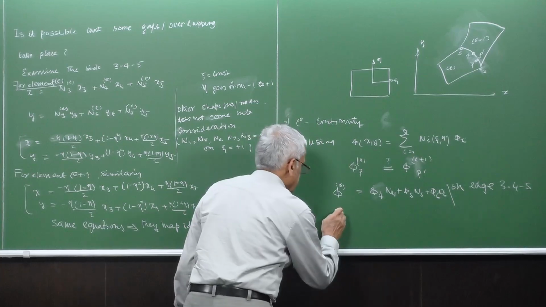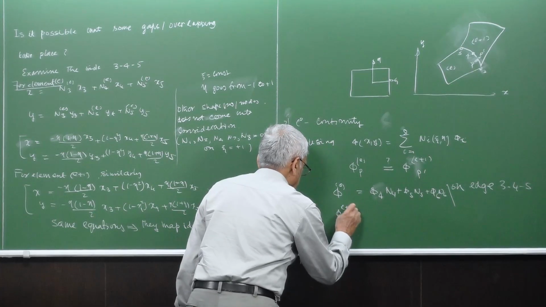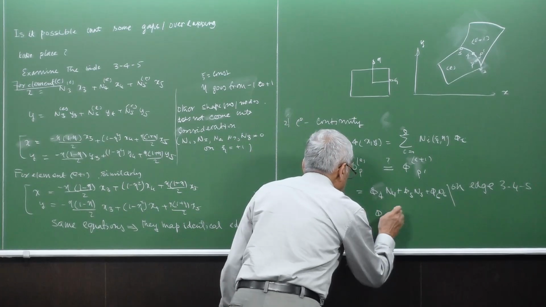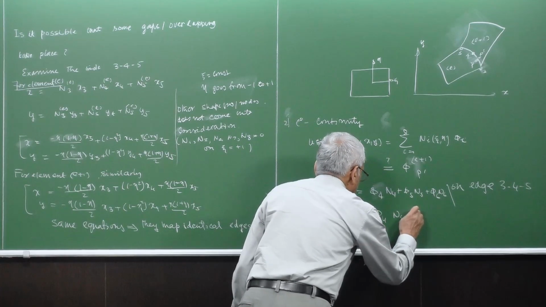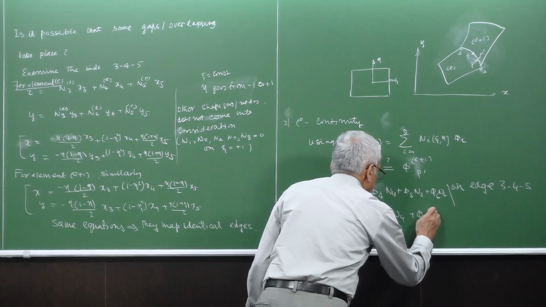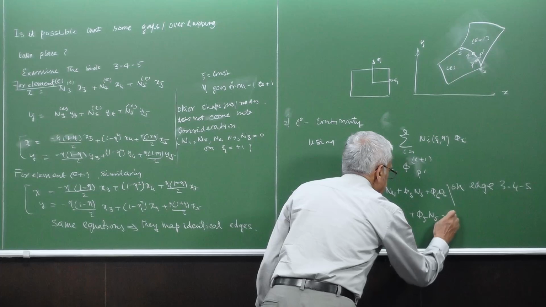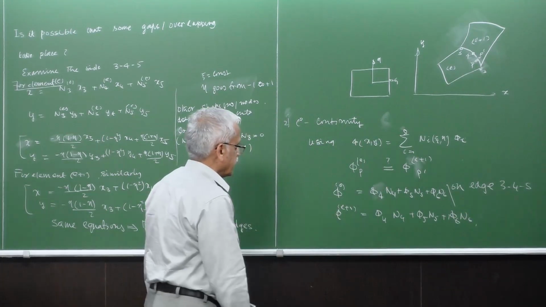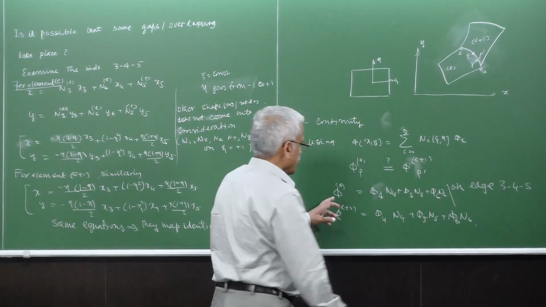This is element E, and for E plus 1 also we have phi 4 and N4.